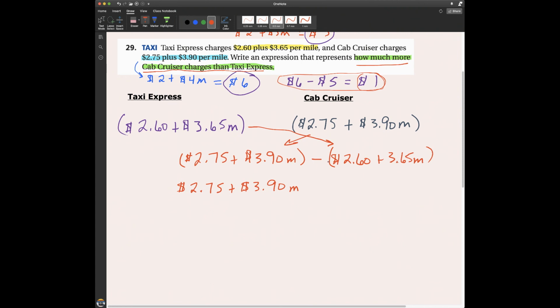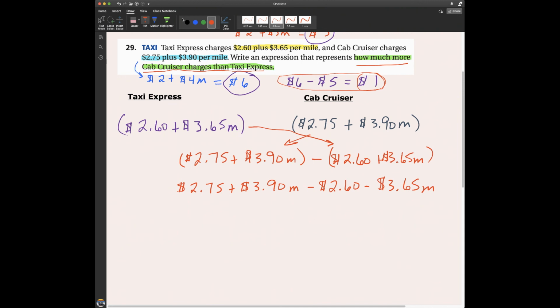So when I subtract, I add the opposite. So I'm going to add the opposite of $2.60, which would be negative $2.60. And then negative $3.65 times m. All right, are there like terms here?